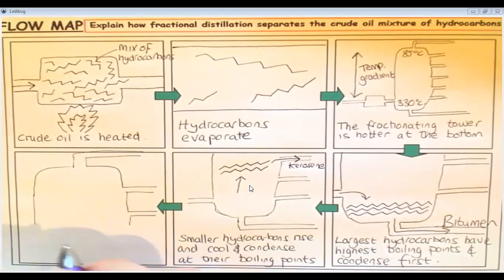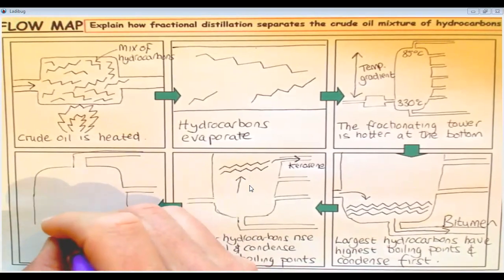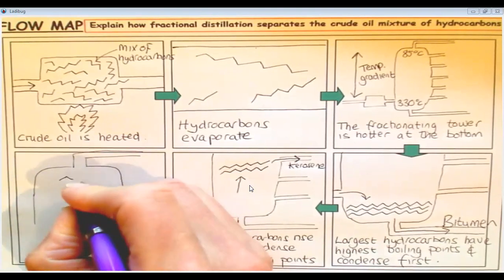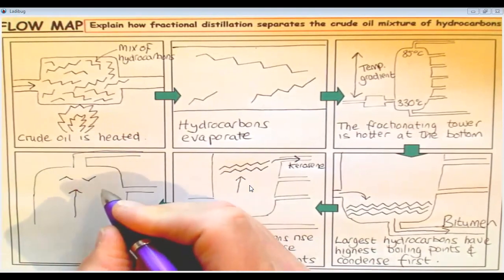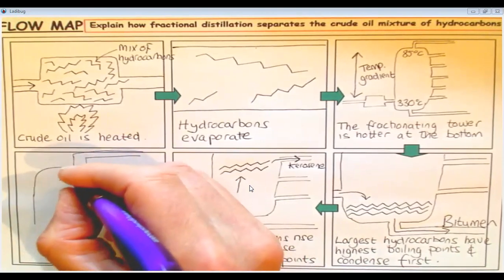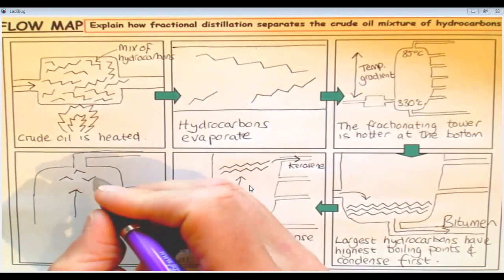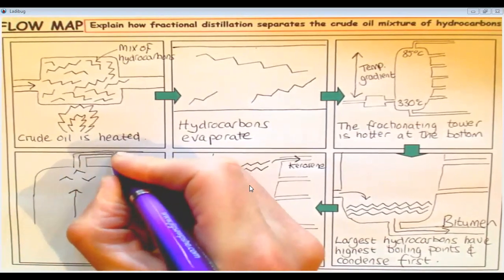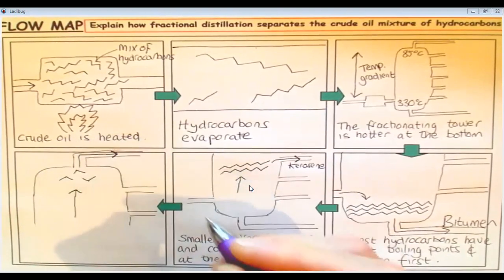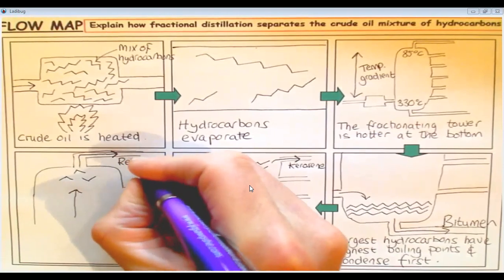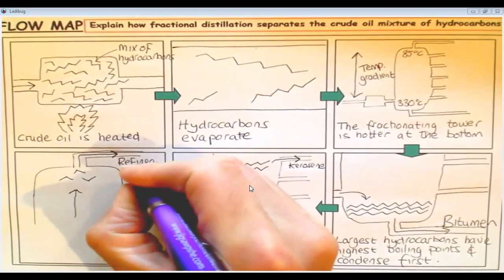And finally, you can probably work out what happens next. The very smallest hydrocarbons will go to the top of the fractionating column, fractionating tower, and actually they will not condense at all. Instead, they leave out at the top, and that would give us our refinery gases.